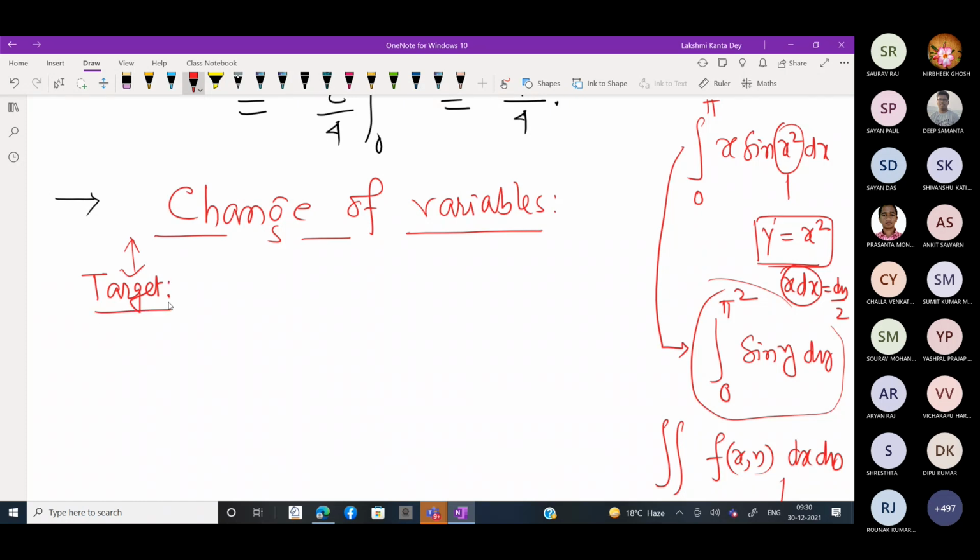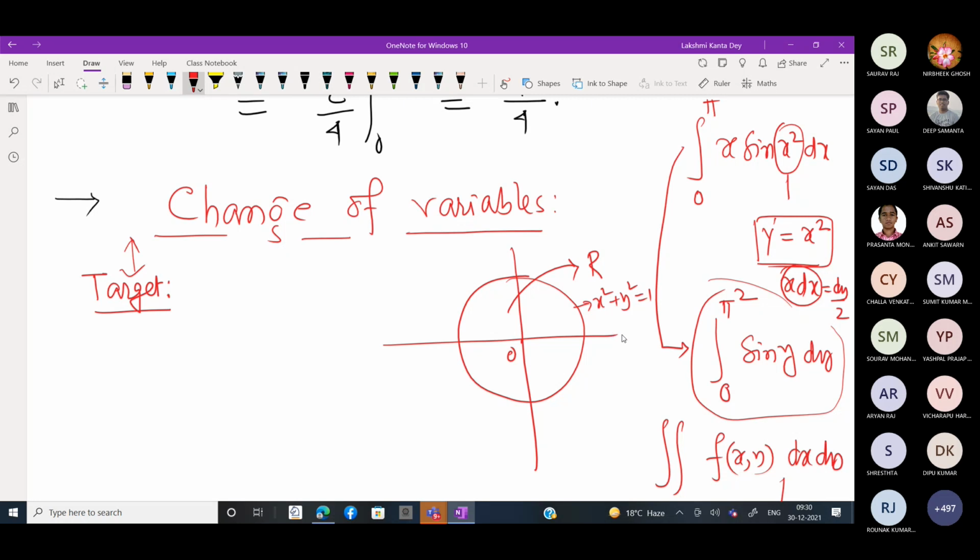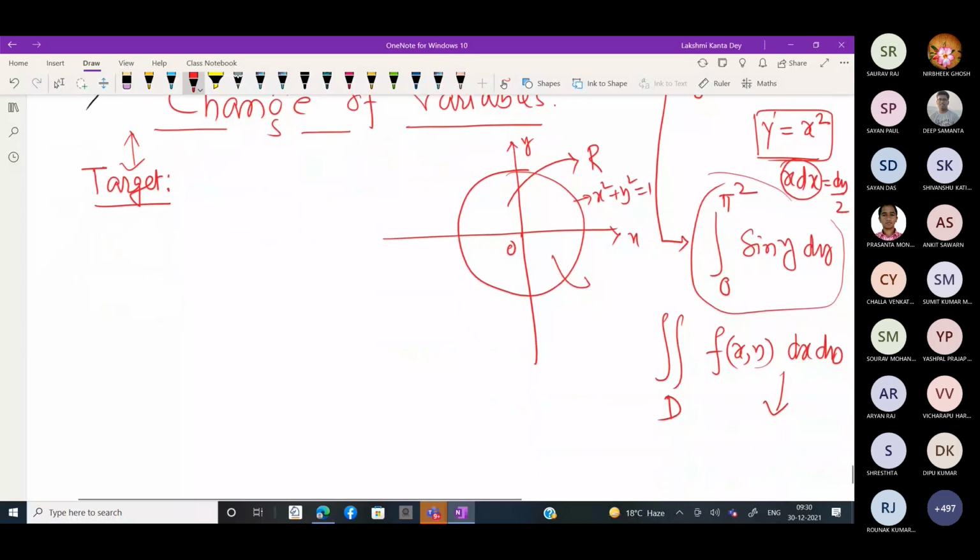So all of you understand the target. Sometimes, for example, if I take this kind of domain of definition, suppose this is your origin, this is your x-axis, this is your y-axis.